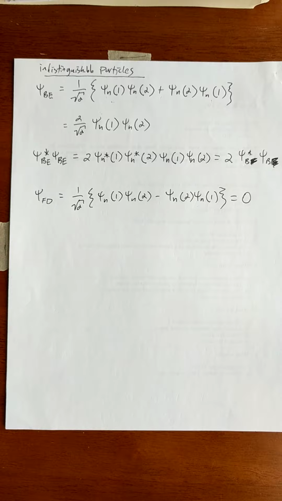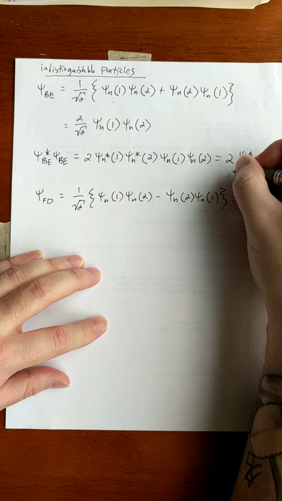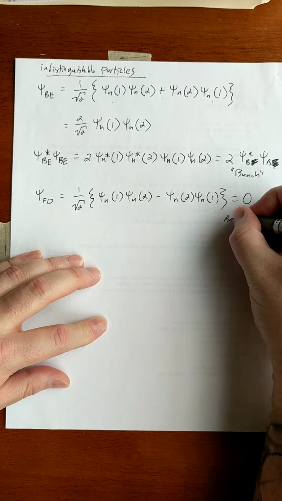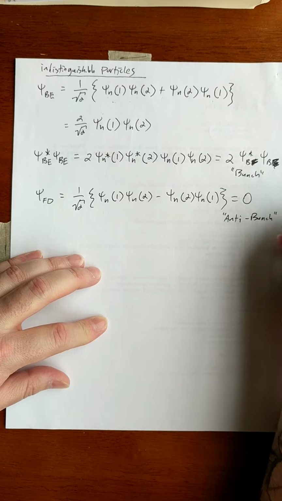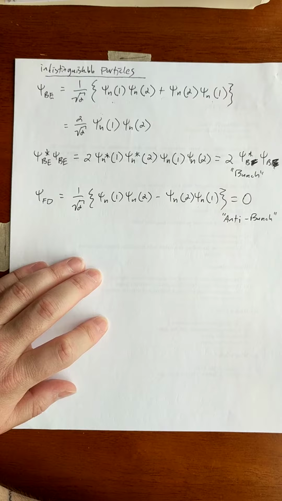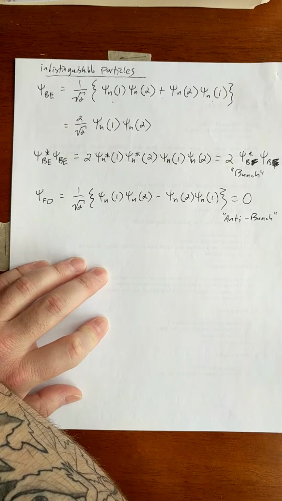All right, so fermions can be said to anti-bunch. Bosons bunch, fermions anti-bunch, which means they don't chill out and vibe in the same place. Like, they don't like each other. They don't want to be around each other. Okay.